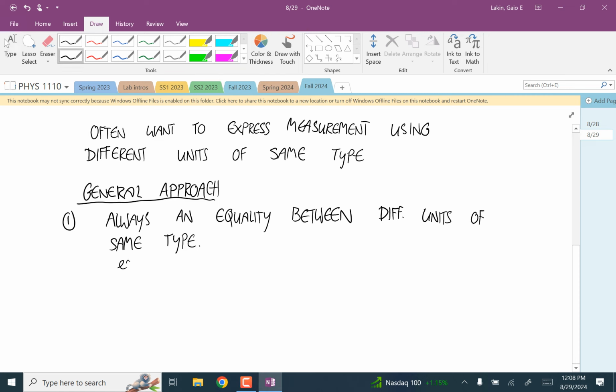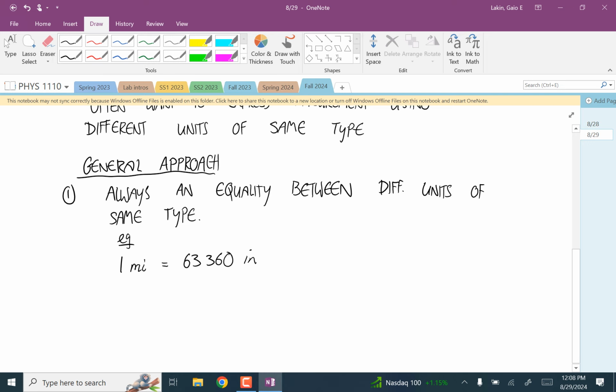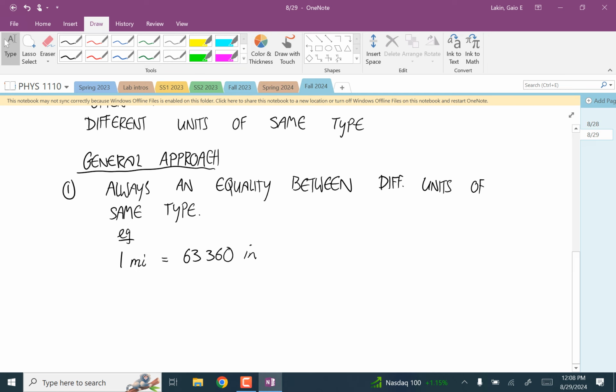For example, 1 mile is 63,360 inches. Okay. And you can use this equality to come up with conversion factors.